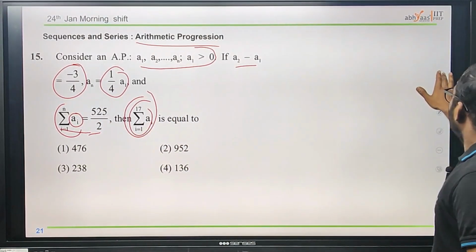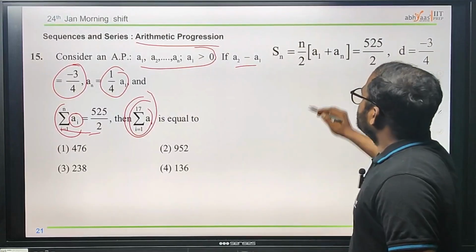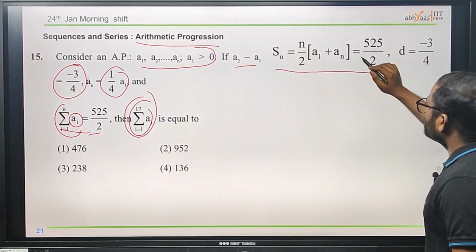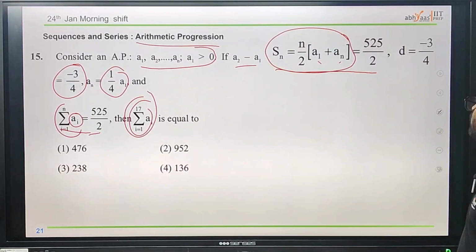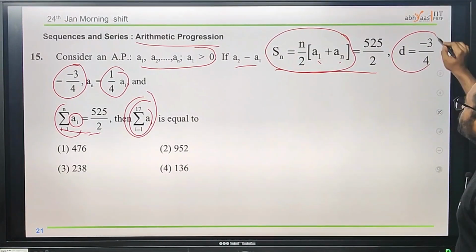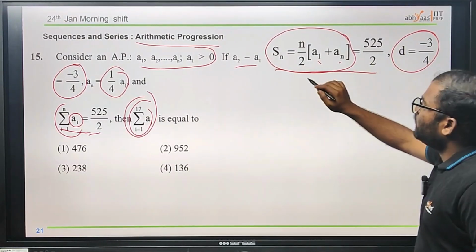Now by using the SN term, with the first term and the last term, we can easily find the D value and the A1 value.